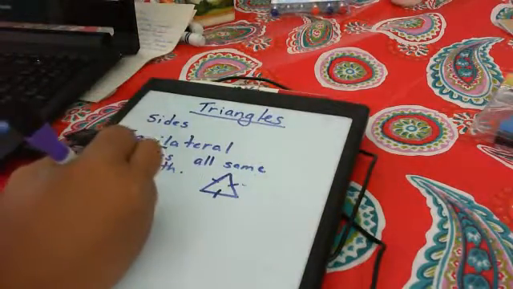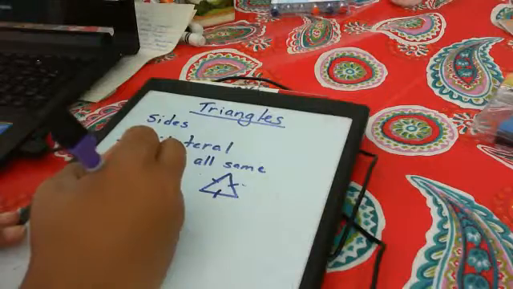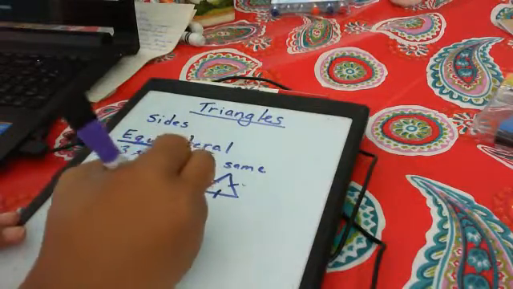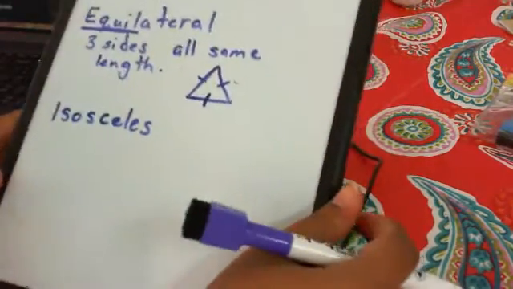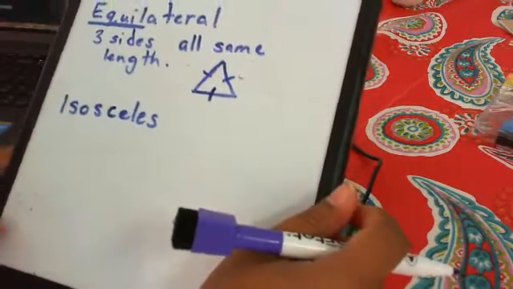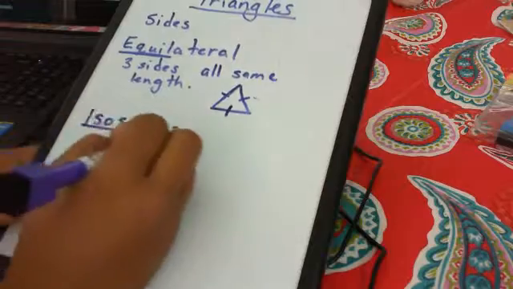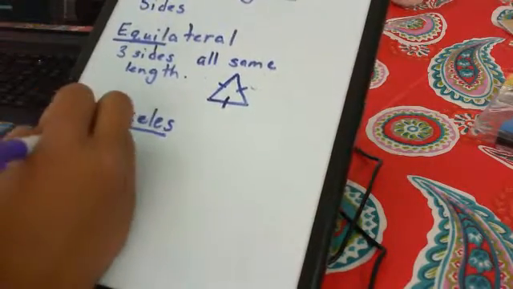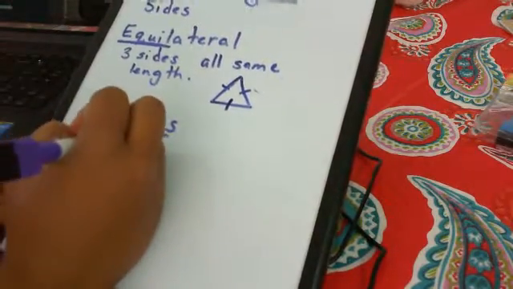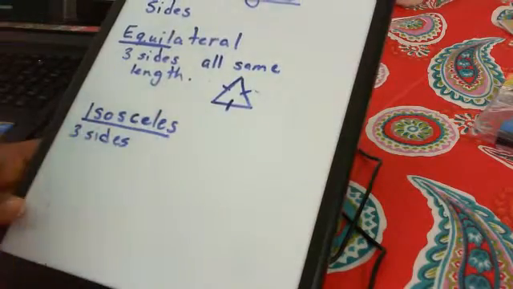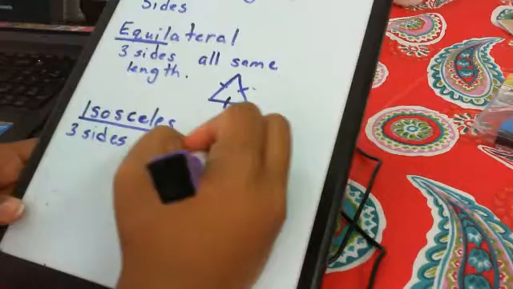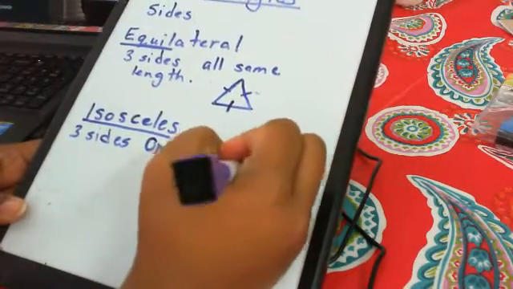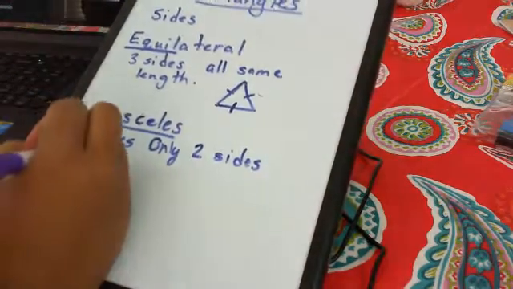Now our next triangle is isosceles. It's a silly word to say, but with our isosceles triangles, we have three sides because that's what makes it a triangle, but only two sides are the same.